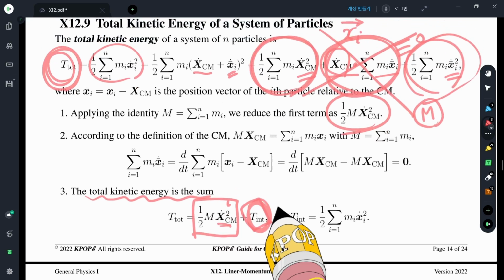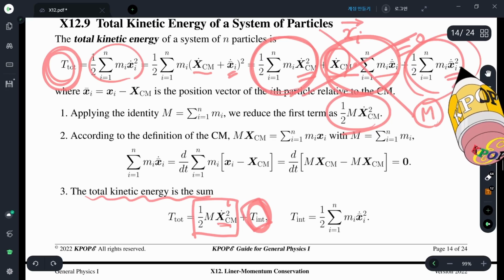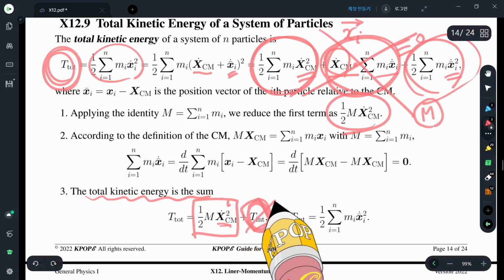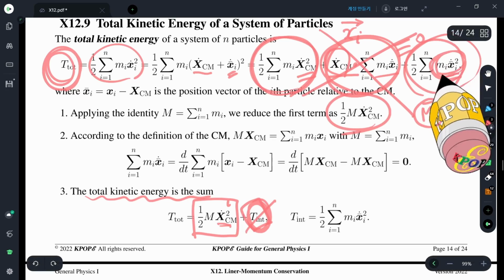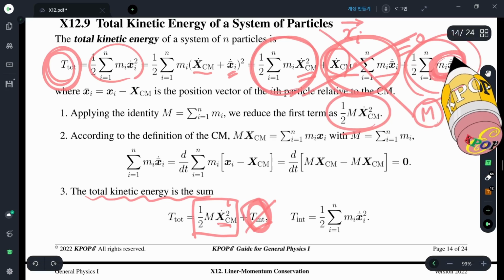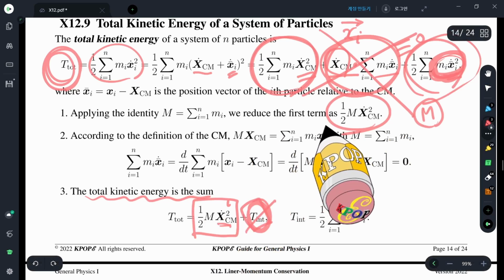If there is no relative motion of the particles relative to the center of mass, this one may vanish. If it is not the case, this is positive definite. If there is relative motion relative to the center of mass, then this relative kinetic energy, this internal kinetic energy, does not vanish.